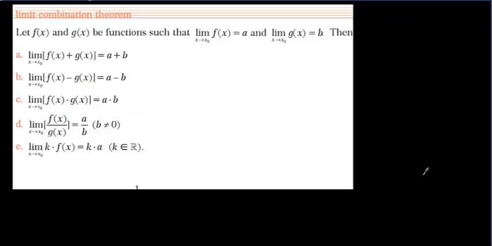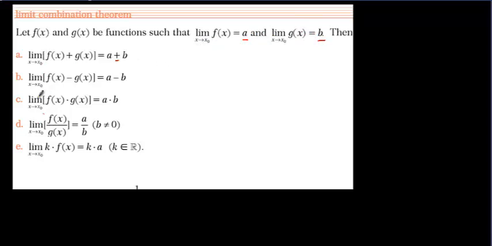Here we have the limit combination theorem. The limit combination theorem allows us to do operations between the limits. Outside, we have addition, and we can move the addition outside, because the limit of f(x) is equal to a and the limit of g(x) is equal to b when x tends to x0.